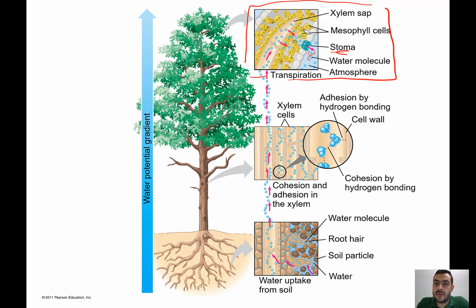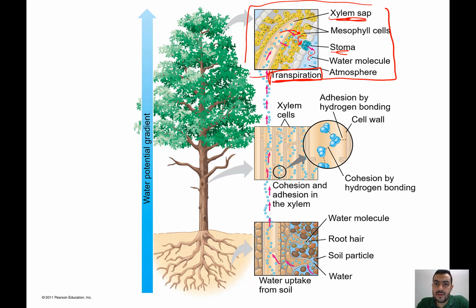This will pull water from the mesophyll cells to replace it, and this will eventually create a pulling force that will pull water from the xylem. So inside the xylem we have the xylem sap that is creating water, and as you can see the driving force here is the transpiration.